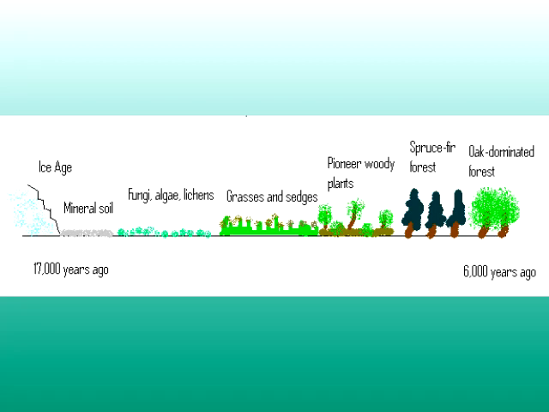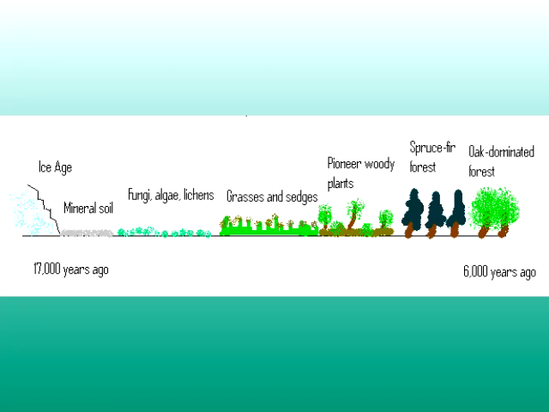And then for several thousand years, the forest type that would have been established in southern New England would have been spruce fir, much like you find today in northern New England and Canada. These kinds of trees would have prospered in the still cool environments that would have been present.